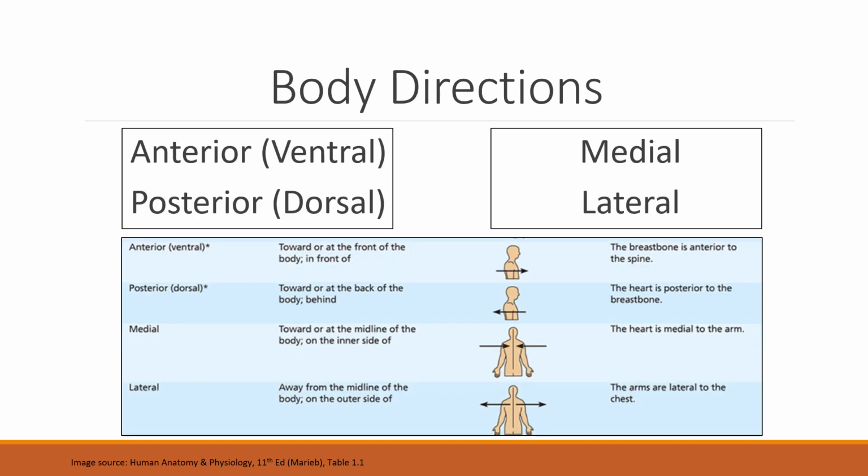Next we have anterior and posterior, and then we have medial and lateral. So anterior is towards the front of the body. Posterior is towards the back of the body. The other way of saying that is ventral and dorsal.